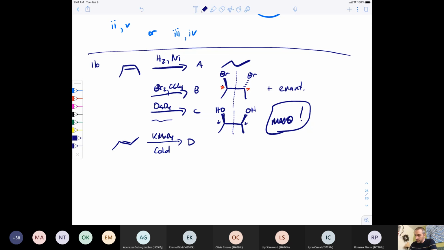So what this is going to do, if you can imagine having the alkene flat like this, where we have the hydrogens out here, we're going to add one OH up here, one OH down here, which is going to end up giving us this product.